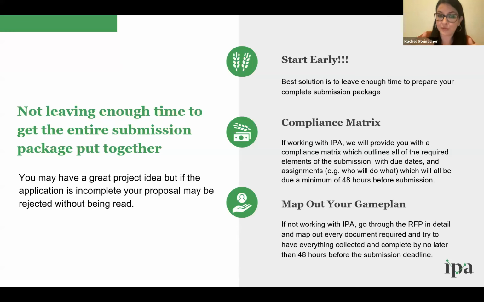So go through, read through everything that's required, look at the timeline, and really map out when you need your different drafts done, who's going to be doing what, so that you can keep yourself on track to make sure that it's done within 48 hours before the donor deadline, and you have time to review and make sure that if you're missing anything, you have time to get it done at the last minute.